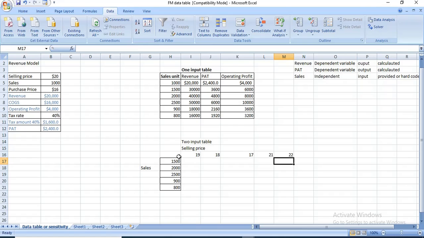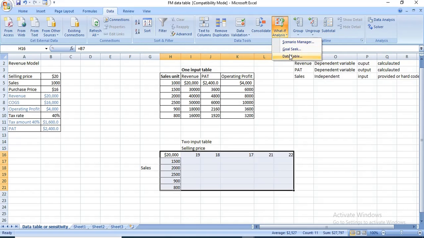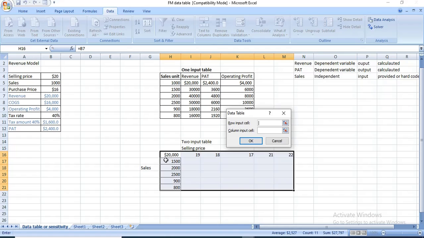Okay, so then what is the result? For that you have this selling price and the sales, that is your revenue. So select the revenue here, and now select the complete table, go to Data, Data Table, then you have the row input cell, that is the selling price, and the column input is the sales.